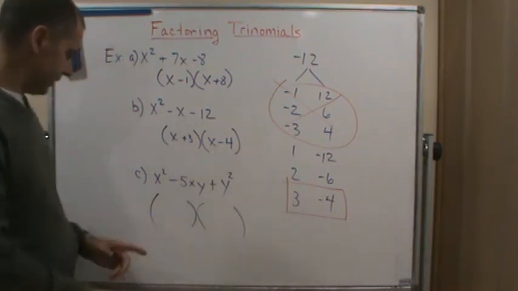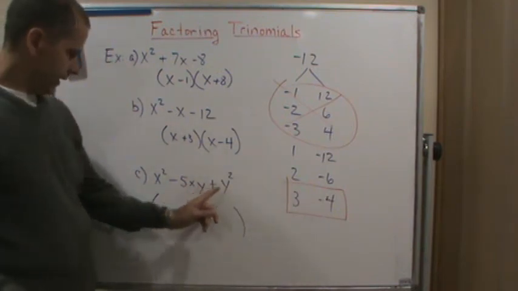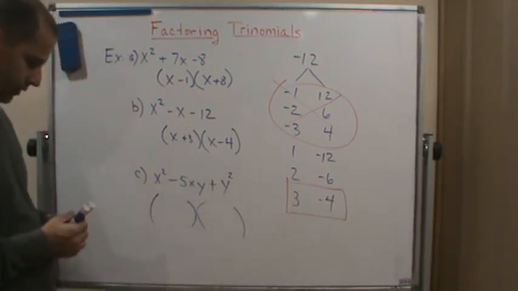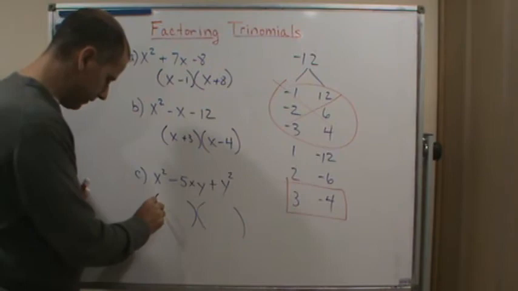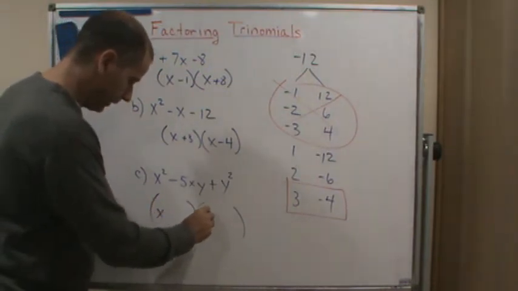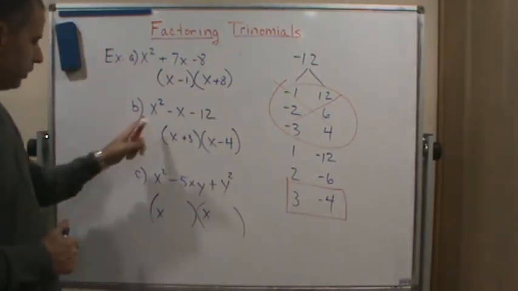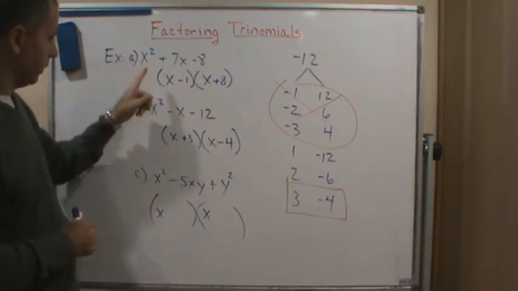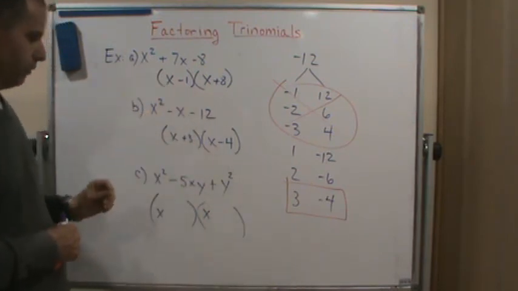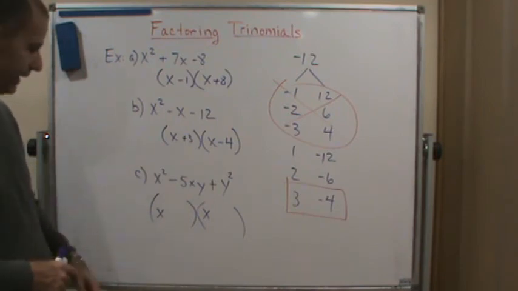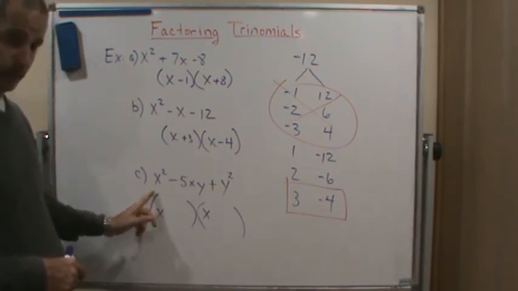In order to get an x squared here, the only way is if I have an x here and an x here, right? x times x is x squared. That's the only way I can get x squared here.